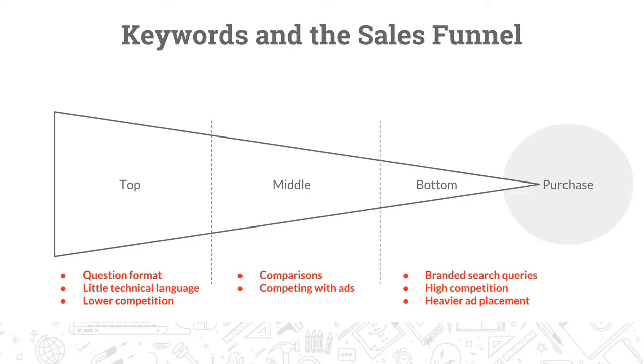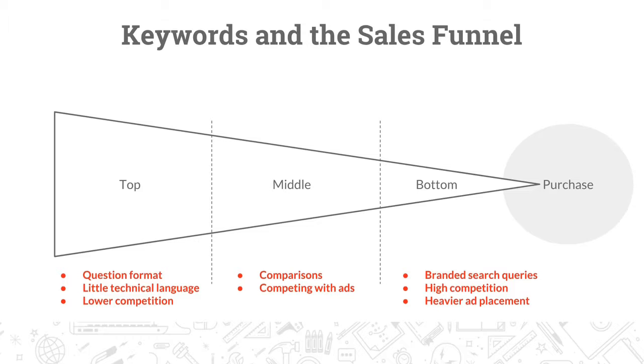The interesting thing is that we can tell based upon search behaviors kind of where people are within the sales funnel. If we look at different queries, that is, different search engine result pages, we can actually see maybe where people are. In the top of the funnel, people are often querying things that are in question formats. They tend to have very low technical language. They're not using the correct terms.